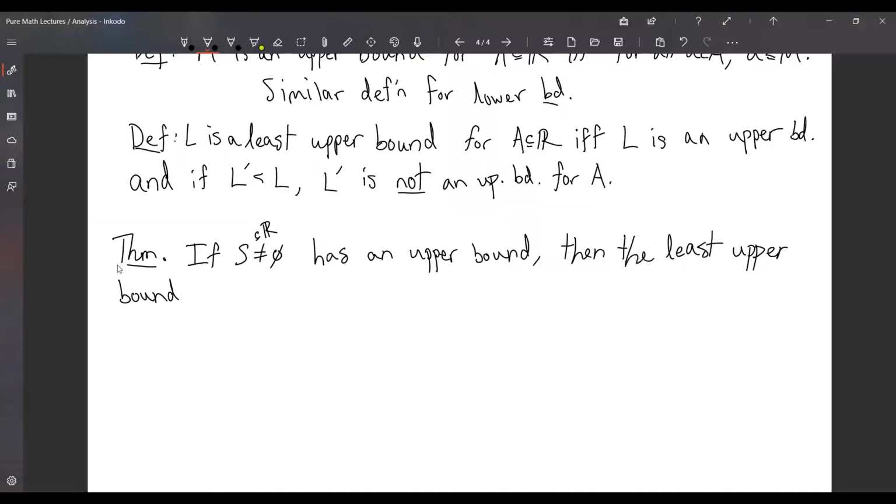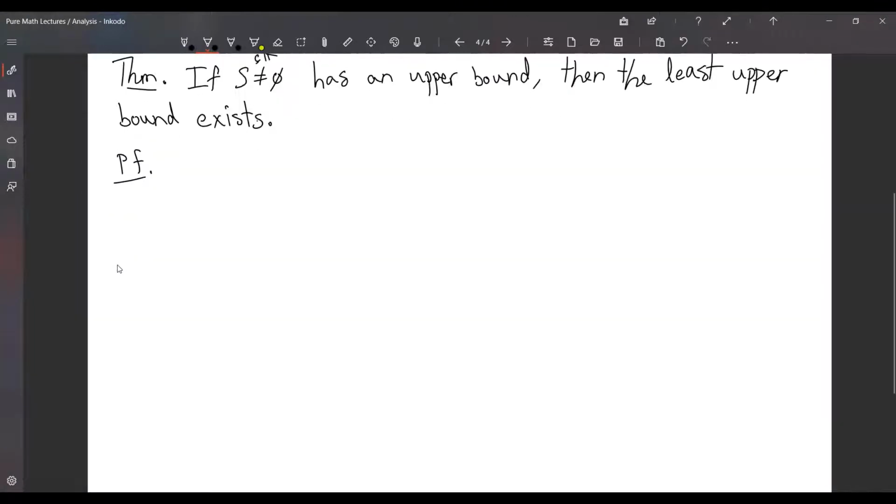By construction it's unique. So the rest of this video will be concerned with the proof of this theorem, because it's kind of not trivial.